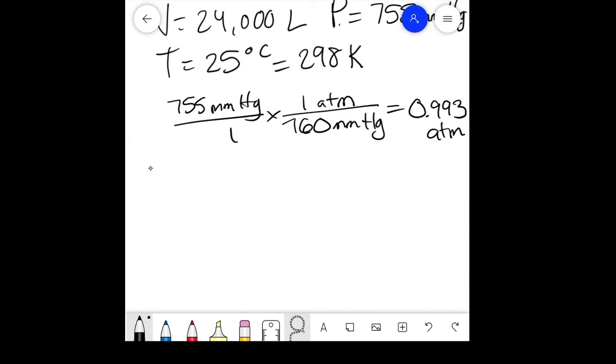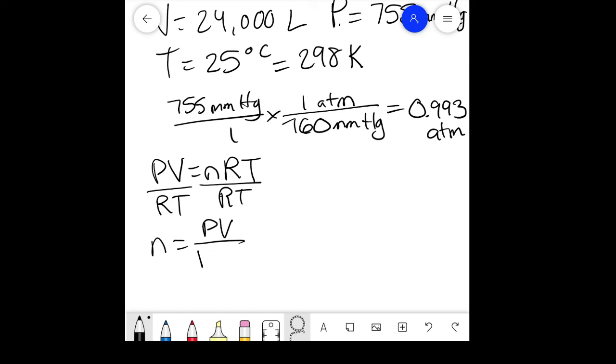Now, just like the other laws, you should work out the equation in variables first. This one's pretty easy. You're just going to divide by your constant and temperature to get n equals PV over RT.